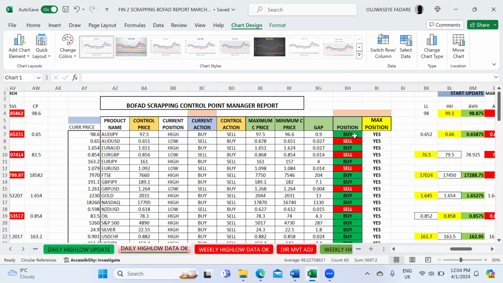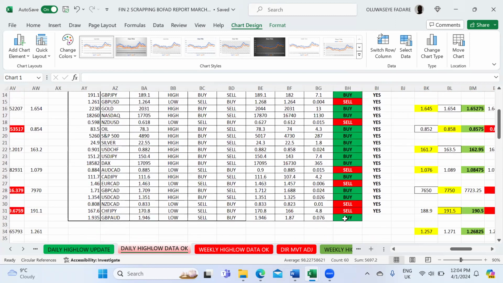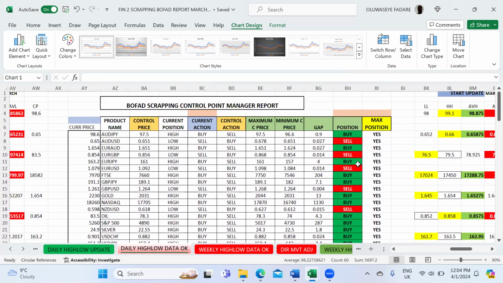Which means the market for the month is a buy. For Euro AUD USD, sell, yes. So anytime we have a yes, go with it. You can see this one is not in line with our direction, so this one does not give us a yes. But anytime we have a yes, then we go with the decision that we have here for scrapping. So that is going to be the plan for the month.